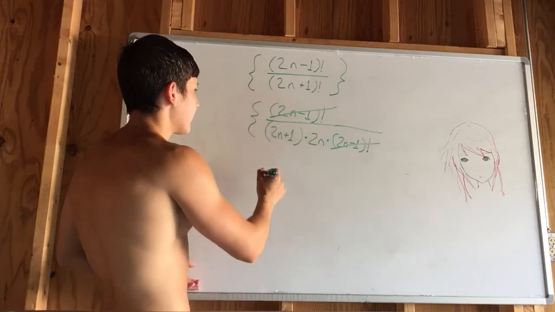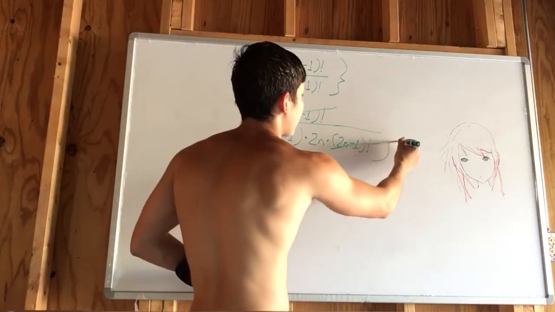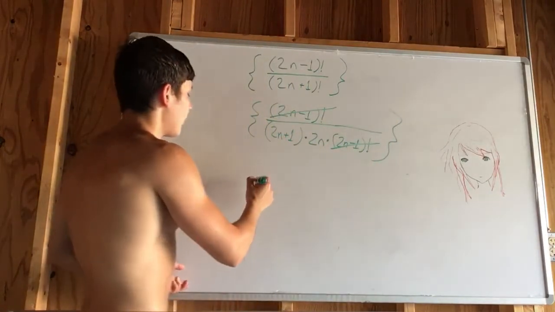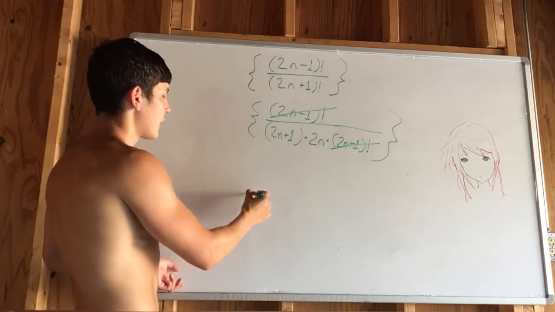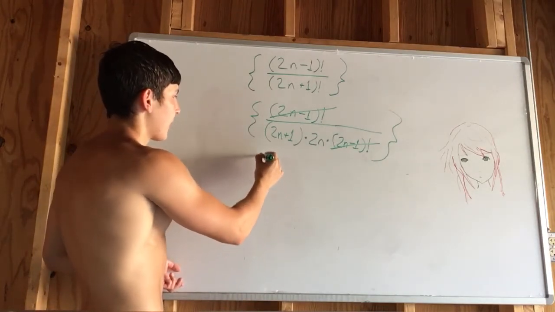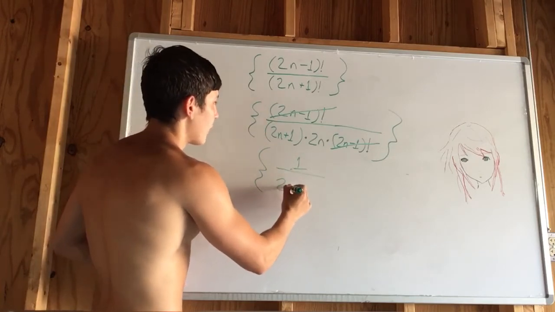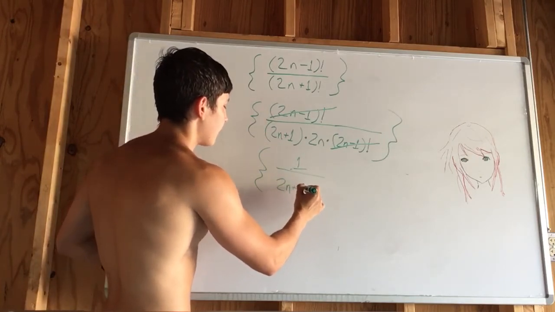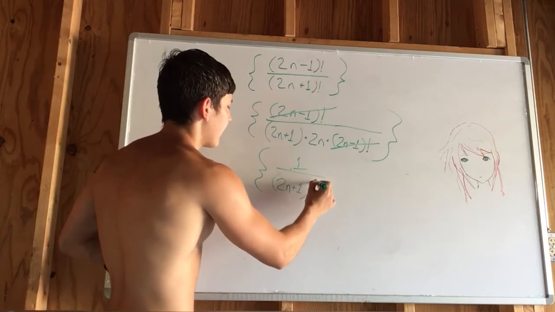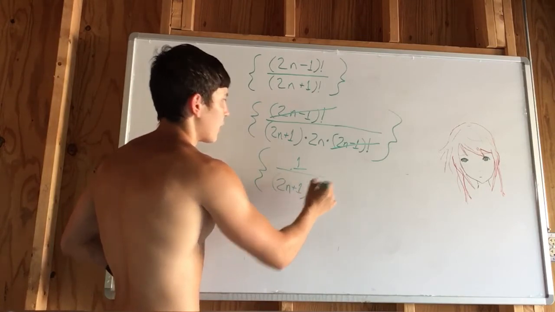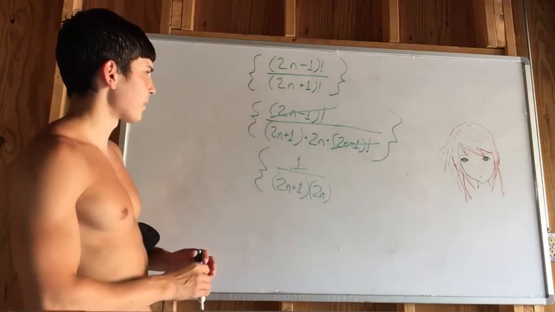We can cancel this, and now we have a much more beautiful version of this sequence to work with. So now we have 1 over 2n plus 1 times 2n.